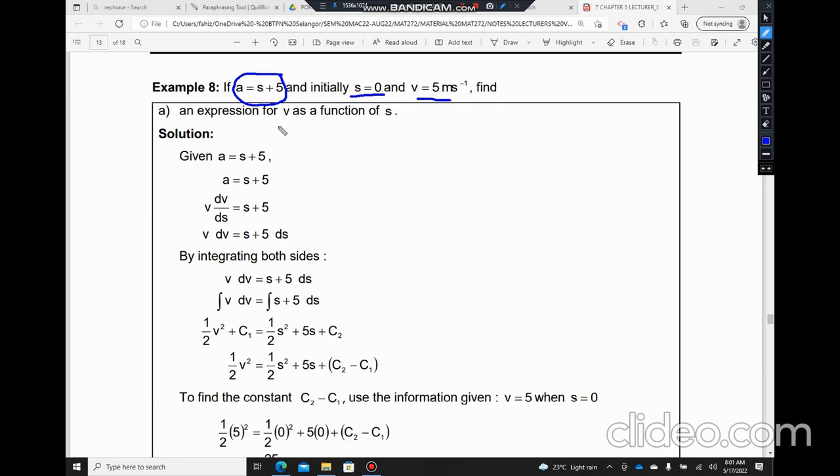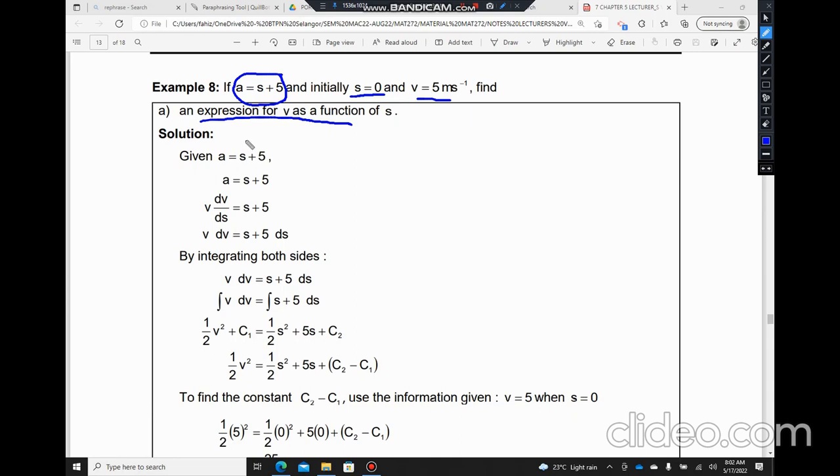And an expression for V as a function of S. So dia nak V, maksudnya V dalam sebutan S. Samalah juga, maknanya dia just tukar bentuk soalan ataupun type of question. Dia sebenarnya nak V kan. V dapat berapa S.